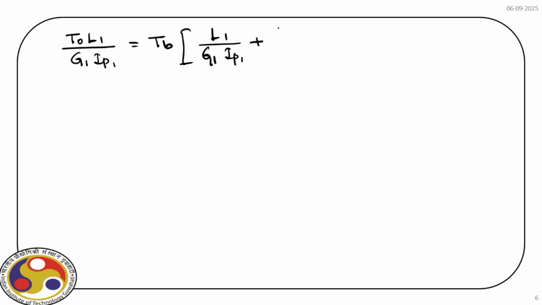So what we have, T0 times L1 divided by G1 IP1 is equal to TB within bracket, first term is L1 divided by G1 IP1 plus L2 divided by G2 IP2.